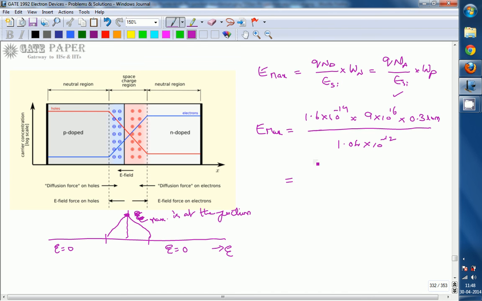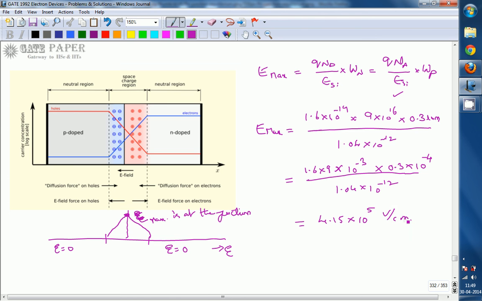So it is 1.6 into 9 into 10 power minus 3 into 0.3 into 10 power minus 4, divided by 1.04 into 10 power minus 12. After calculating, the value is 4.15 into 10 power 5 volt per centimeter.